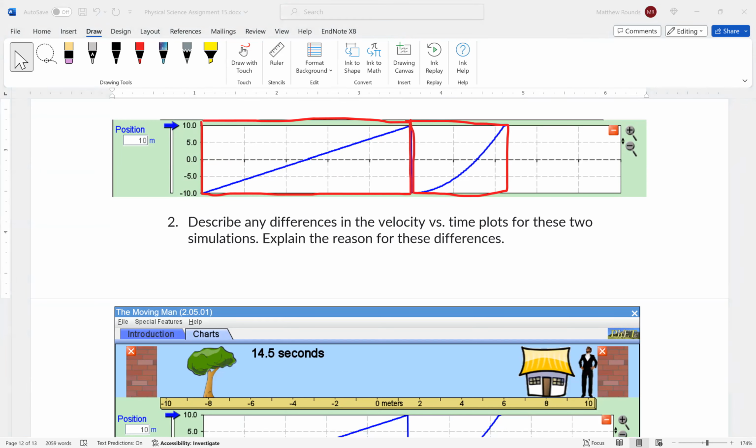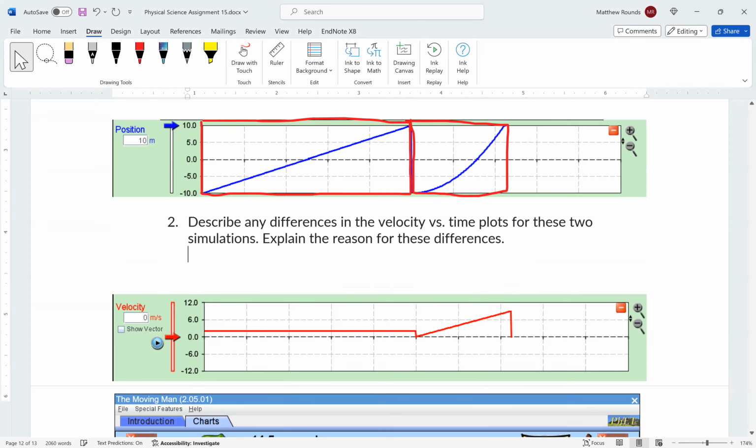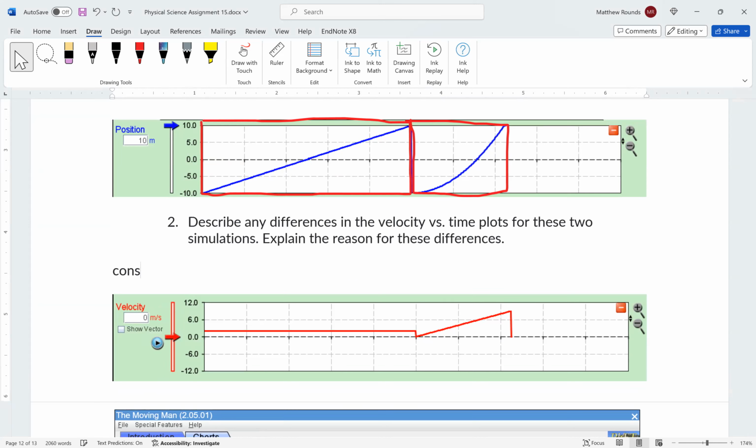We want to avoid saying things like straight line because all lines are straight. We want to say that in the constant velocity, which is the first one, it's a horizontal line. And we shouldn't be surprised by that because the velocity is always the same.